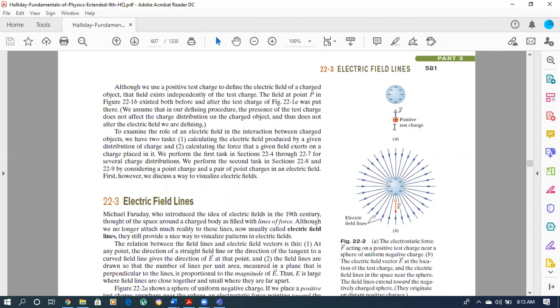But when we put some positive charge in the surroundings of this negatively charged sphere, it will feel some attraction force. So according to this figure A, a positive charge will be attracted towards a negative charge, and whenever there is a positive charge, it will be repelled by this sphere.